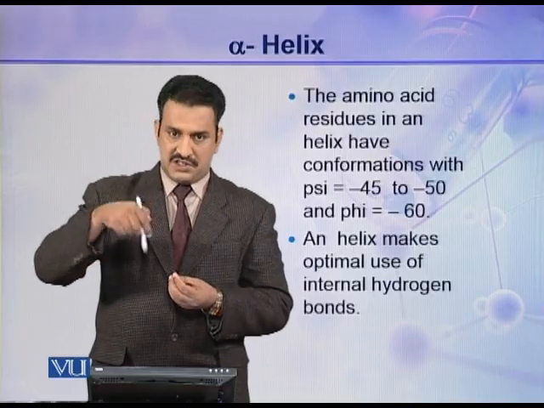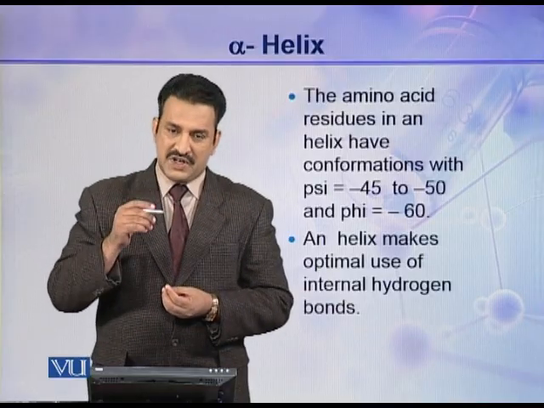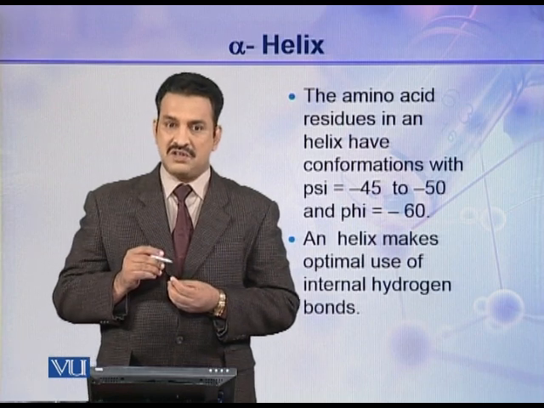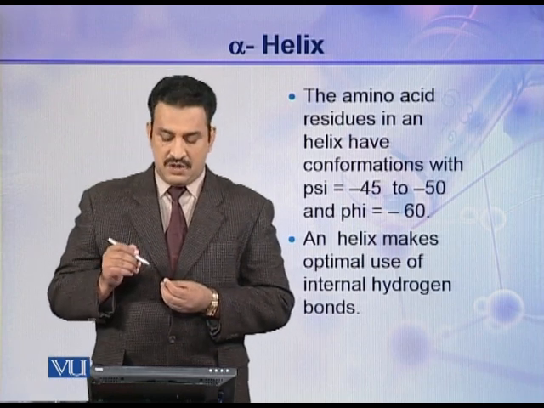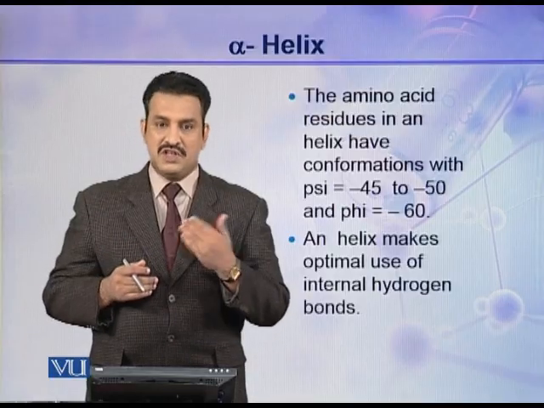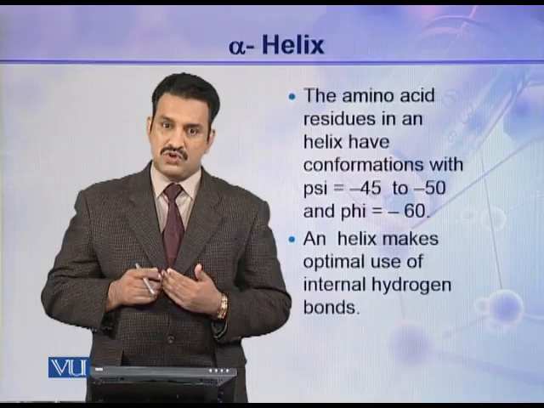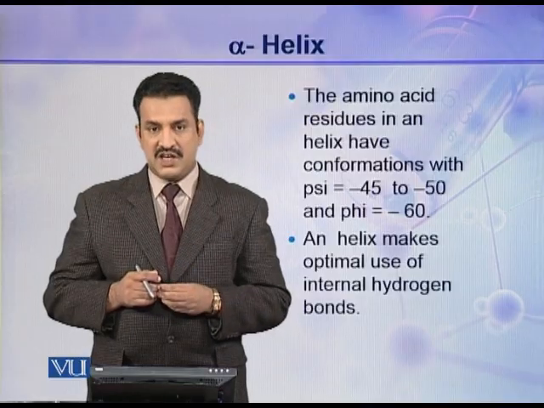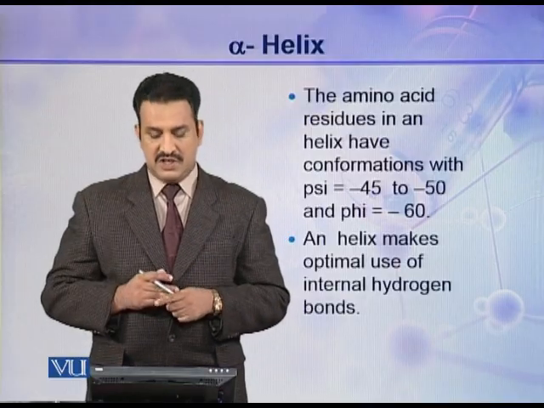So in the helix, the peptide bond is rigid and doesn't rotate, but the other bonds adjacent to the peptide bond rotate, and the values of their angles, that is psi and phi, are given here.